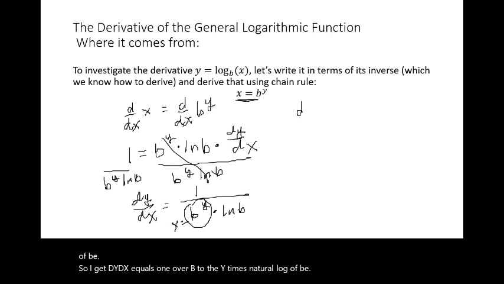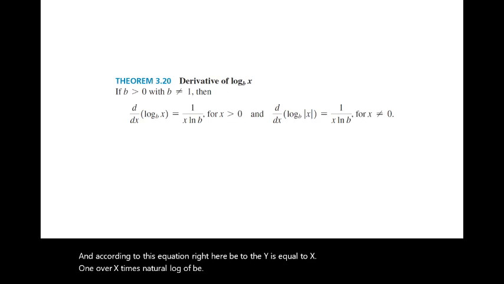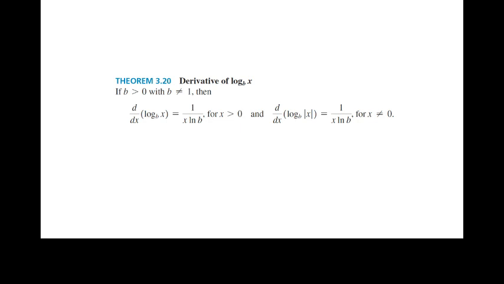So I'm just going to rewrite this as 1 over x times natural log of b. And that is the derivative of the log base b of x. And b is just whatever base of your logarithm. It could be 10, it could be 2, it could be whatever. So if you are taking the log base b of x, it is going to be 1 over x times the natural log of the original base b. All of that is in the denominator.